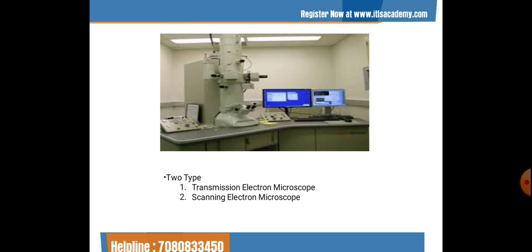Samples are limited to those that are electron transparent, and it also requires special housing and maintenance, and is very costly. And one important thing, we obtain an image in black and white. We do not obtain a colored image. We generally obtain a black and white image of a specimen from this electron microscope.